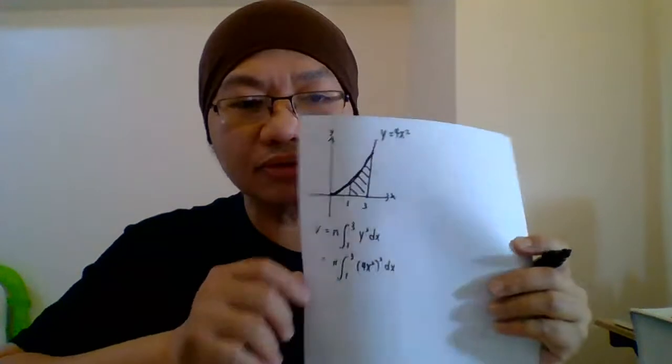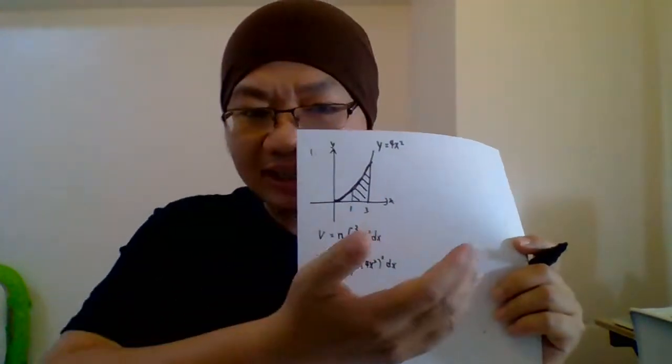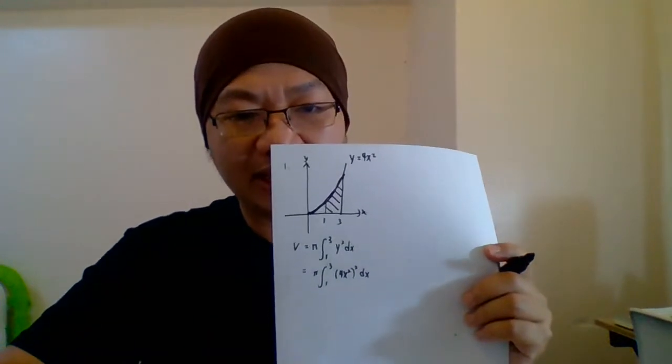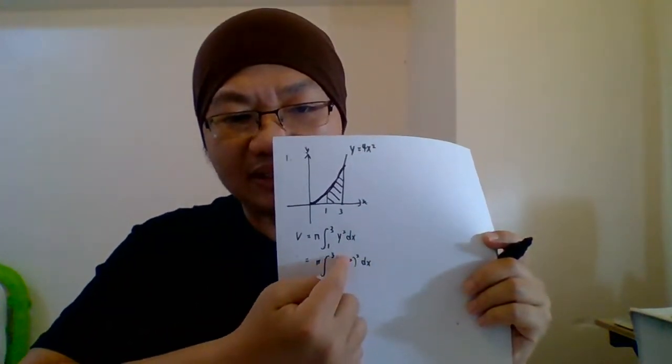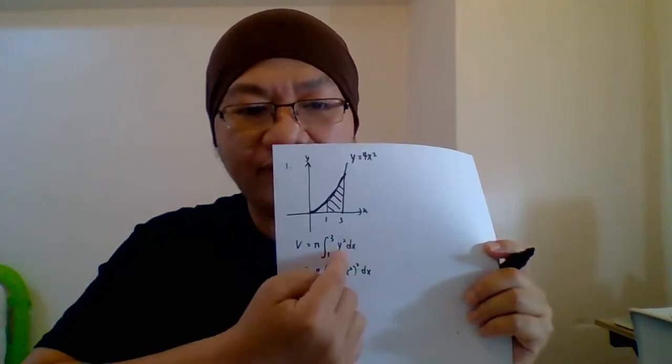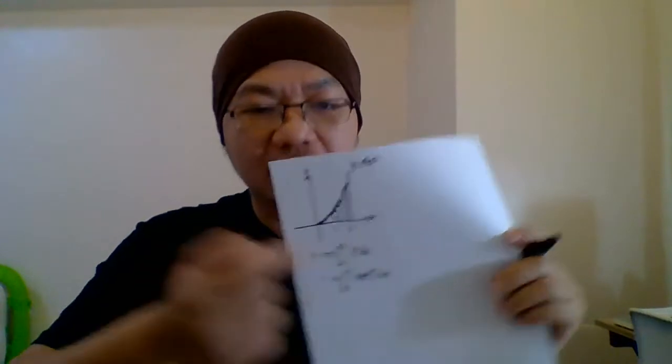So how do we integrate this? Can we integrate straight away? Cannot. We must simplify the equation first. We must square this expression first and find the simplest equation here. When we square the bracket, it becomes 16x to the power 4.